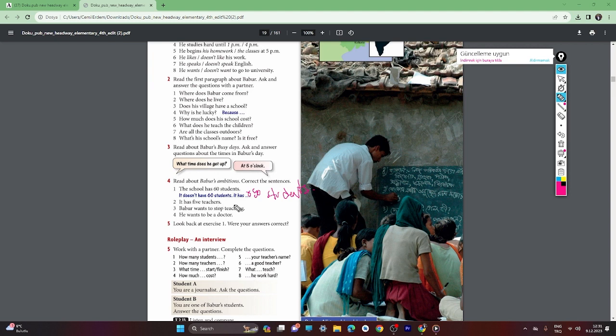It has 5 teachers. No, it doesn't have 5 teachers, so we will write here. No, it doesn't have 5 teachers. You see how we answer negative in the negative form. It has 10 teachers in the school.